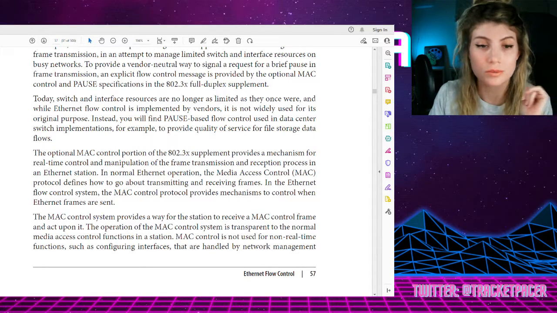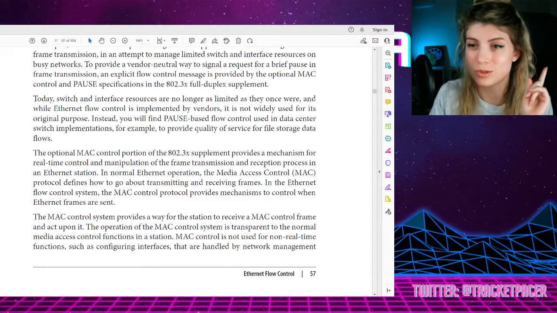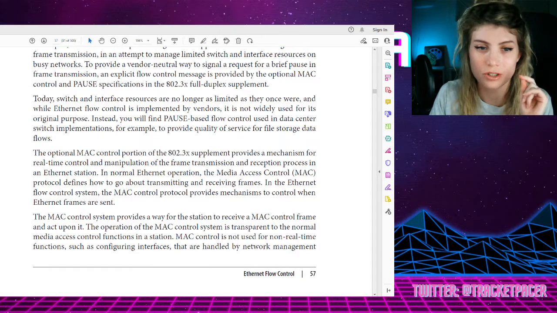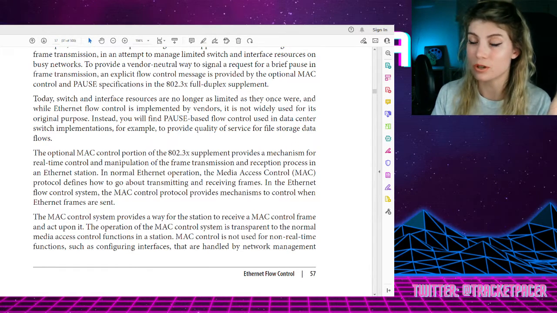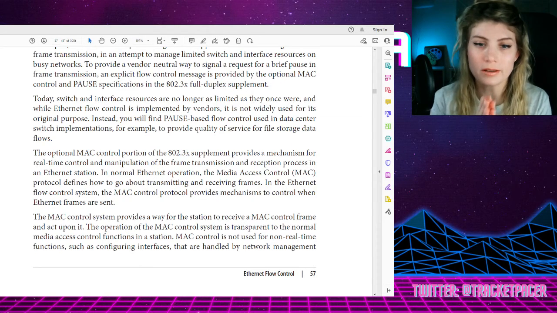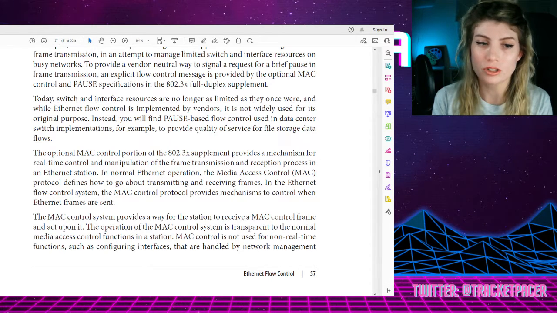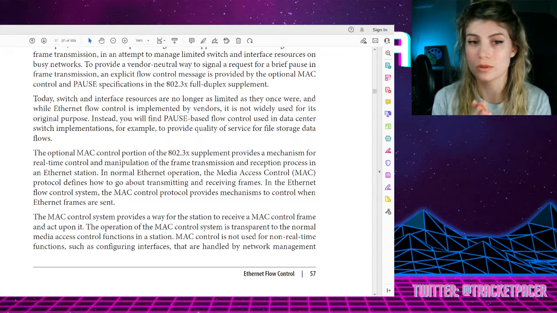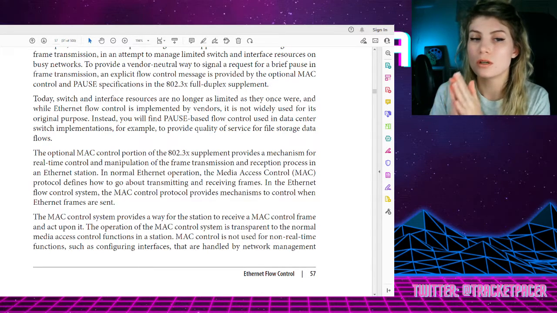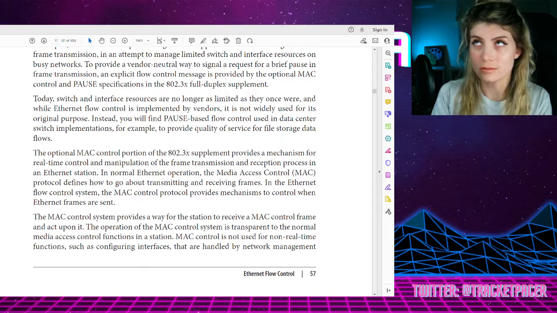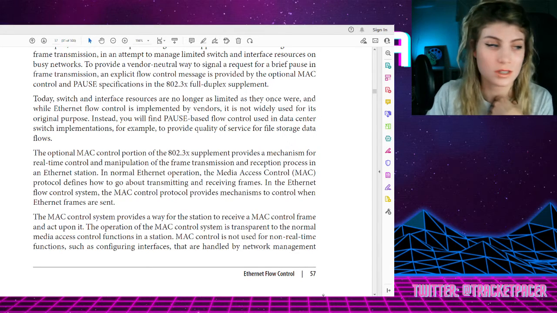See, it's not even absorbing yet. This is how much I can't pay attention. So normal Ethernet operation, we're talking about just transmitting and receiving frames. That's what the MAC protocol does. But with flow control, that protocol allows you to control when the frames are sent. So how to transmit and receive in normal operation versus flow control, when the frames are sent, you can control that. I don't know why it's taking me so long to understand it, but I think I got it.